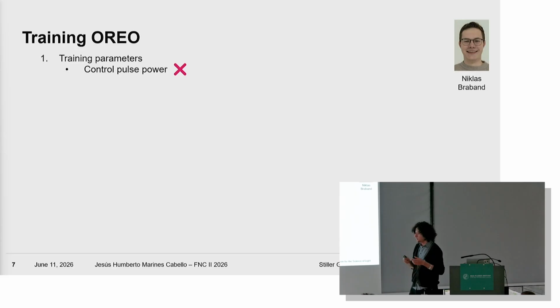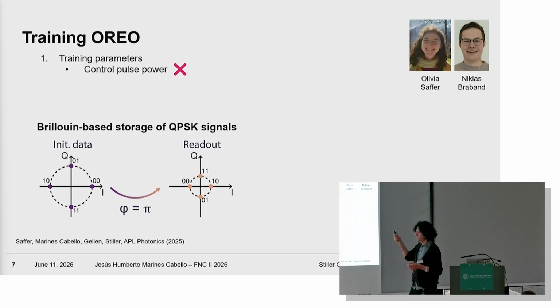For the parameter that we actually chose, we got this idea from a project that I was working on with my colleague Olivia, where we were implementing optoacoustic memory, and we were working on storing this QPSK constellation, and we saw that we can retrieve the constellation with the Brillouin process. What is interesting is that the phase of the readout information depends on two parameters.